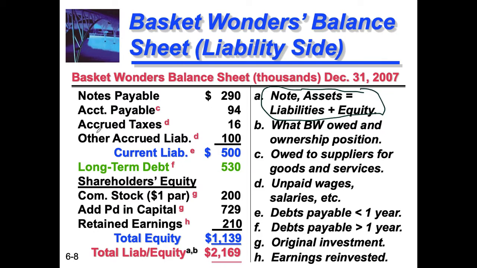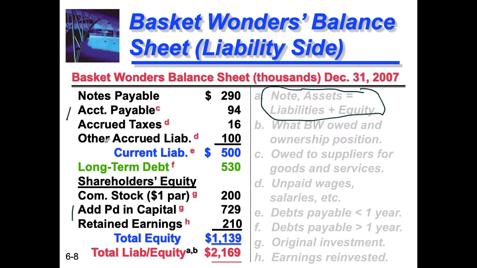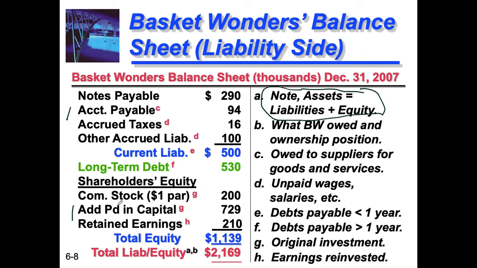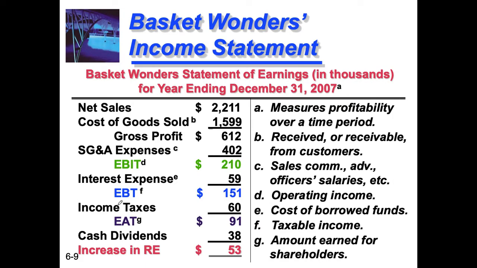This one is liability, this one is equity, and this one is asset. Okay, next. This is the example of the income statement of Basket Wonders. This is the explanation as well.